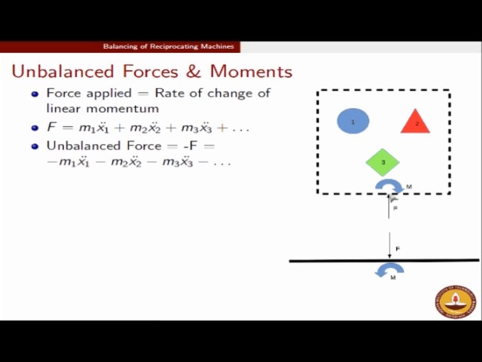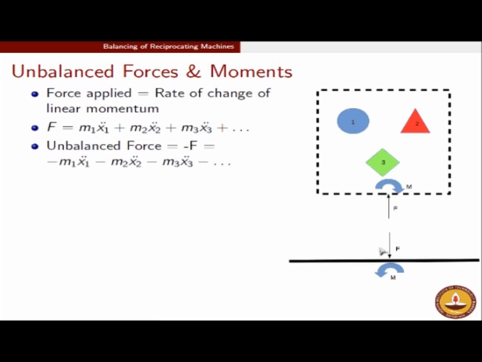Therefore the unbalanced force, which by definition is the force which hits the non-moving or static part, the frame of the machine, is going to be minus F. We already know F is m1 x1 double dot plus m2 x2 double dot plus m3 x3 double dot, so minus F would be minus m1 x1 double dot, minus m2 x2 double dot, minus m3 x3 double dot.